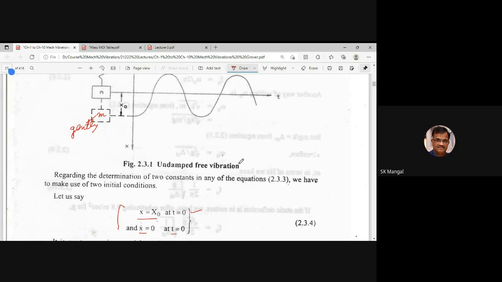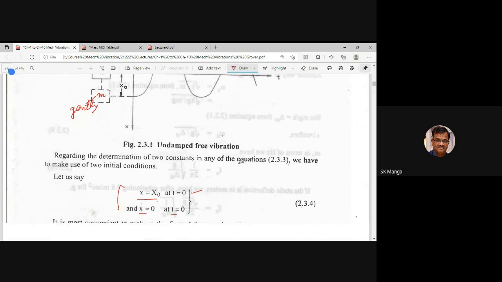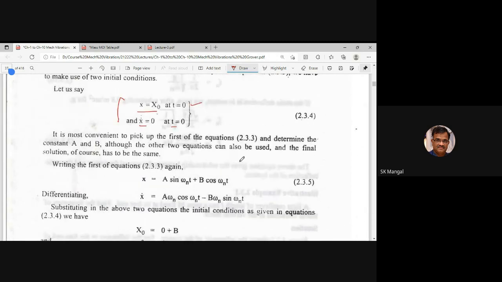So these two are the initial conditions for this problem. You have two unknowns and two conditions, so you can solve these two conditions and you will form two equations. In this case, you can write the displacement equation given here. It is the first equation of the three standard solutions. This is the velocity equation.